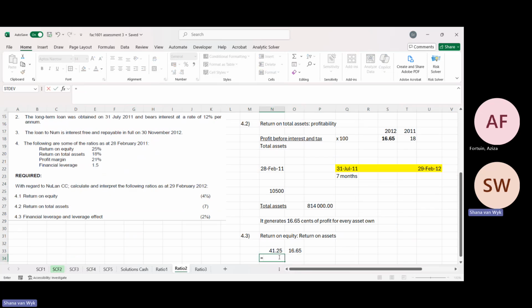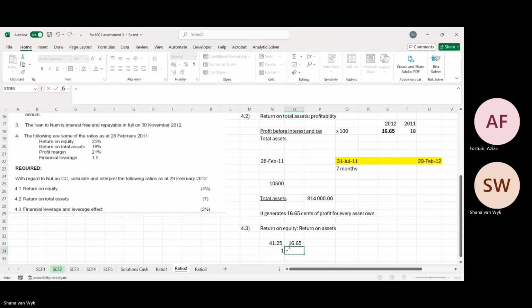Then it'll be 1 to 0.4, or did I not do this correctly? What's leverage effect?